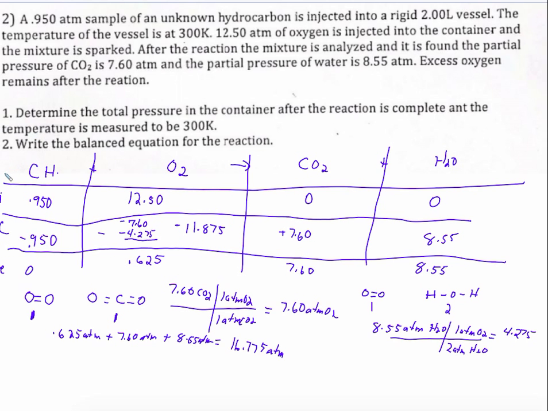Okay, now to balance the equation, you got to look at how much actually reacted. We know that there's 0.950 atmospheres of this that reacted. There was 11.875 that actually reacted, now this is the tricky one, not the total amount, but the amount that actually reacted. That's important.